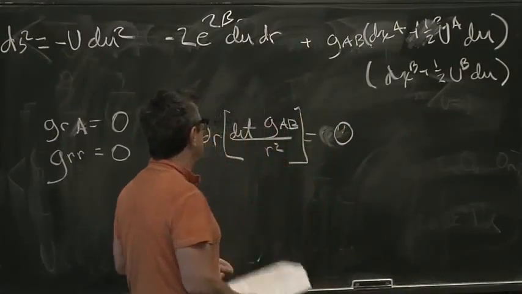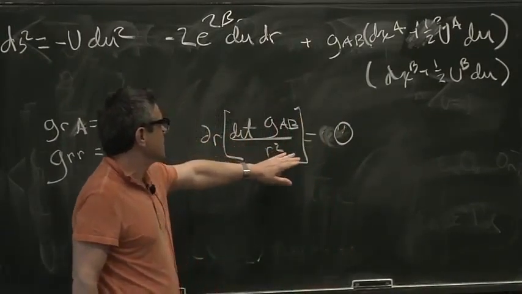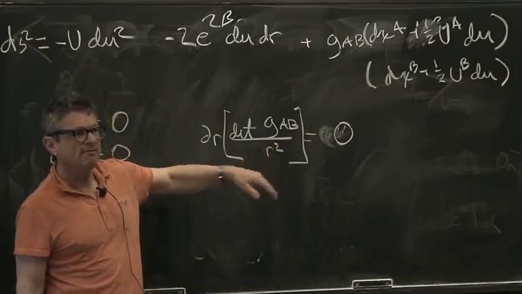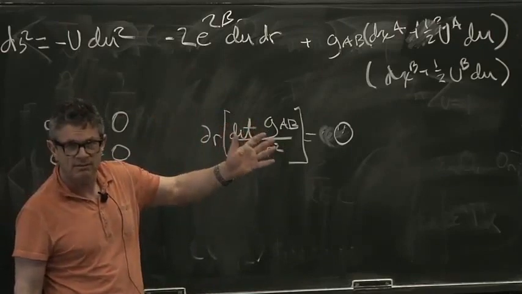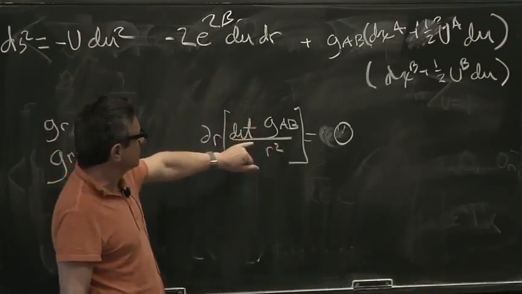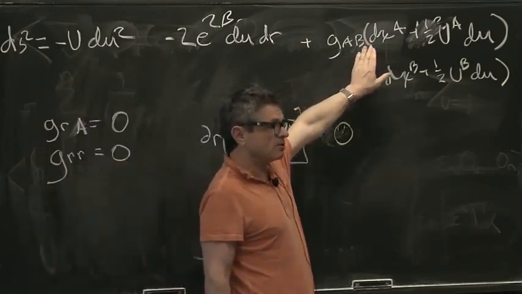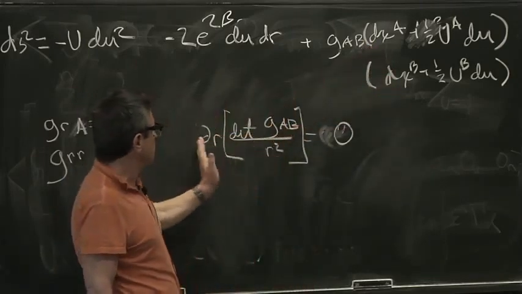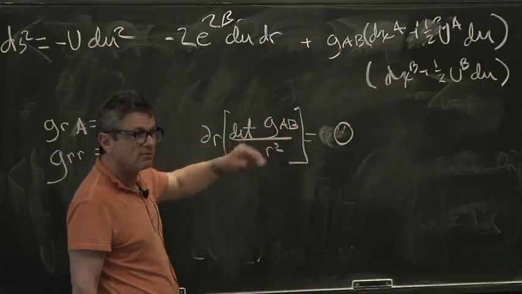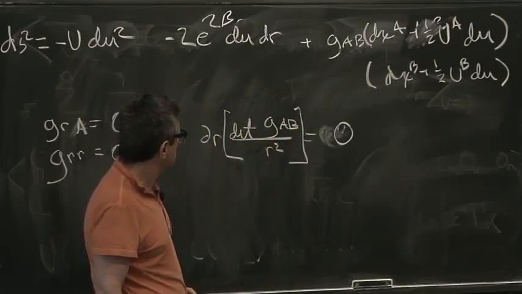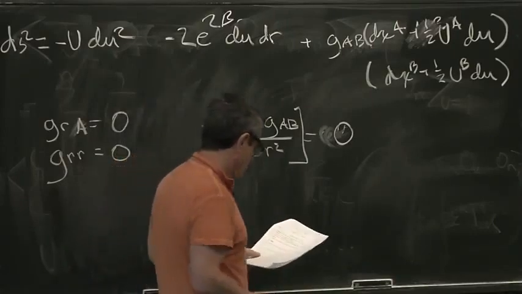So in Minkowski space, the determinant of g_AB, and this is true at every point, at every angle on the sphere, the determinant of the 2 by 2 metric on this sphere would just be r squared. So this would be 1, and we would have dr of 1. I think the 1 over r squared should be inside the determinant. Yeah.